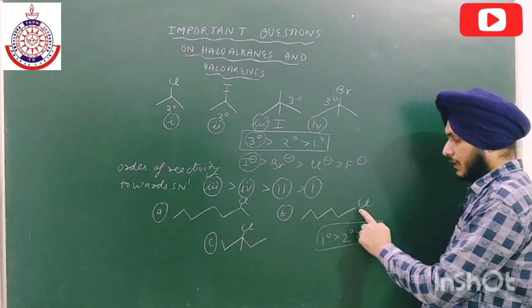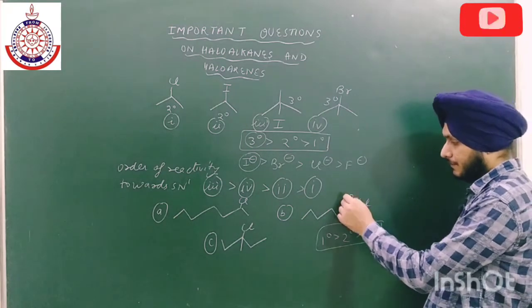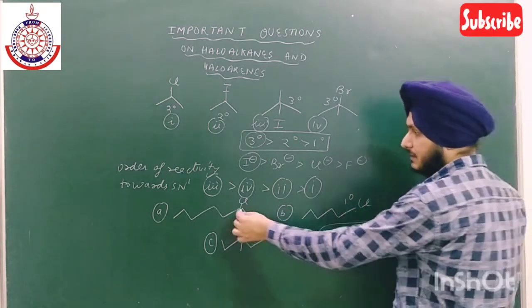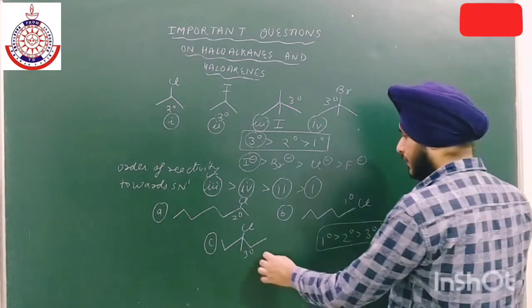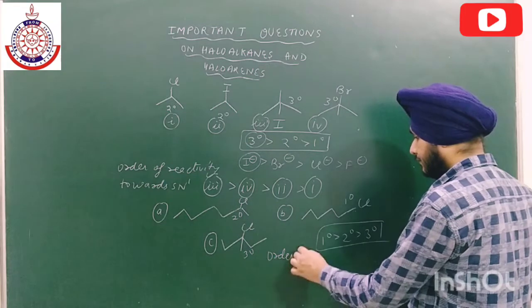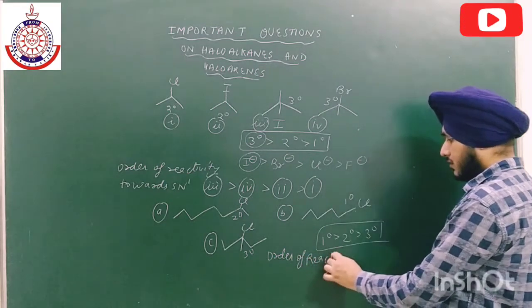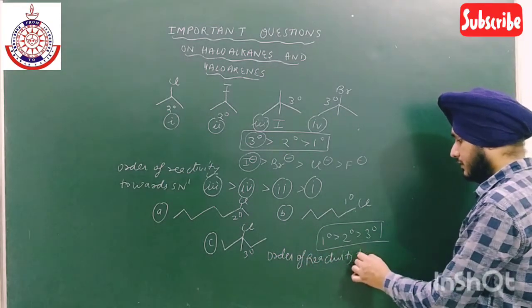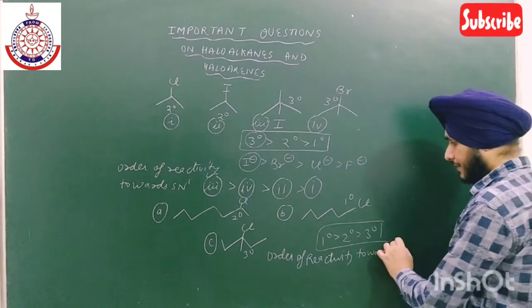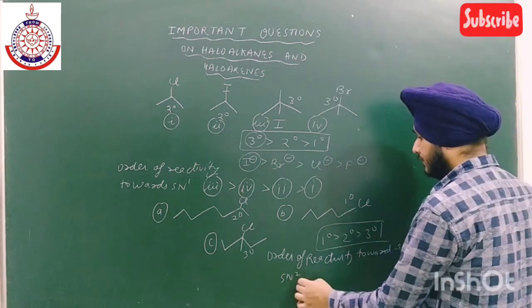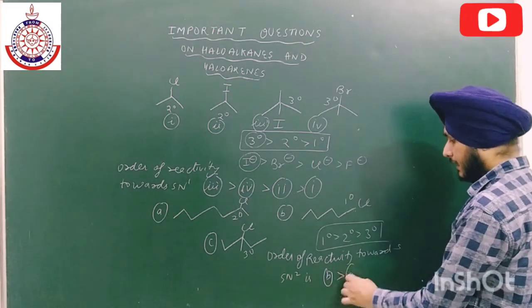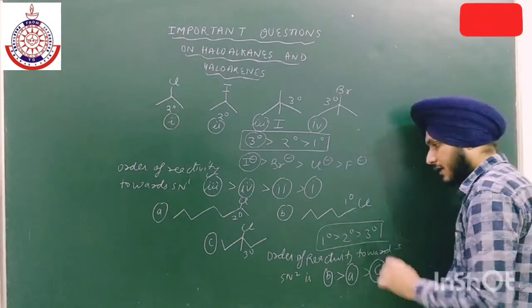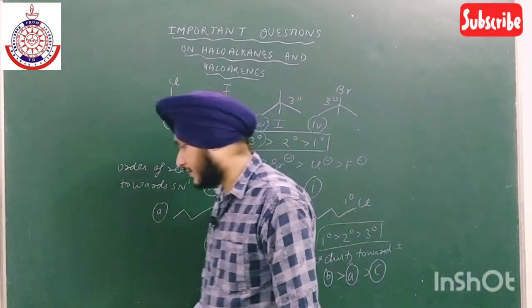Here this compound is 1 degree, this is 2 degree, and this is 3 degree. So simply the order of reactivity towards SN2 is B, then A, and then at last we have C. So a question may be asked like this.